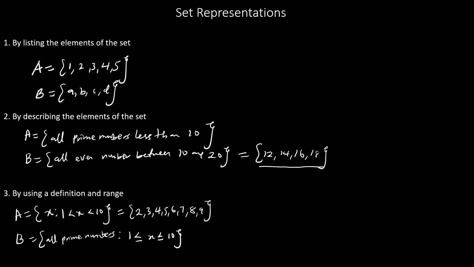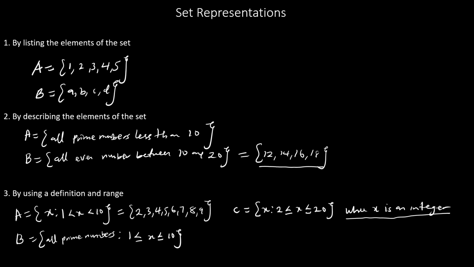It can be in any format. We can also say C equals x such that 2 ≤ x ≤ 20. And we're going to have a definition such as where x is an integer. So here we have seen that the range in which x falls includes 2 ≤ x ≤ 20, and we know that x is an integer from this definition.